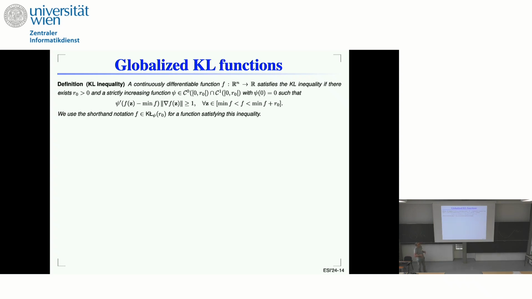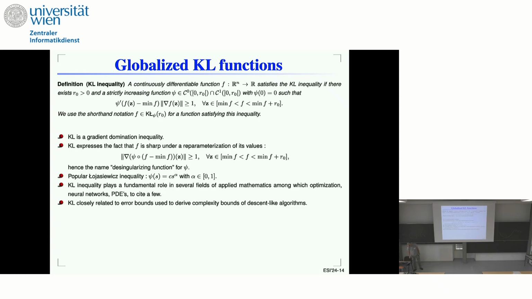As you know, the KL inequality is just a simple inequality that tells you that your function has to be sharp if you reparameterize it. And it is also a local gradient domination condition. This is exactly what you see here. And of course, it is very popular.